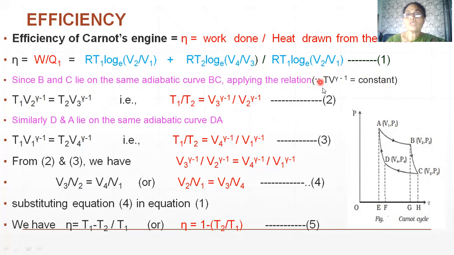Making use of this relation, we can simplify and write T1 V2 to the power of gamma minus 1 is equal to T2 V3 to the power of gamma minus 1. Here the temperature is T1. Here the temperature has fallen to T2.